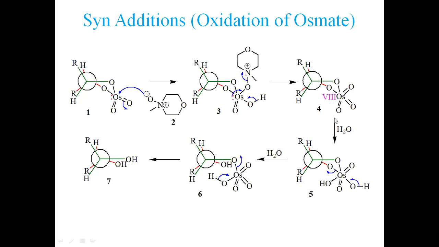So what happens next? Hydrogen oxide, meaning a water molecule, adds to this. When water adds, it adds OH and loses one H positive ion, which is taken by one of these oxygens. Very simple. One of these moves and OH adds to this. A water molecule adds to osmium. So we are getting 2H. What happens in one case? This oxygen-osmium bond cleaves and one hydrogen takes this electron pair.